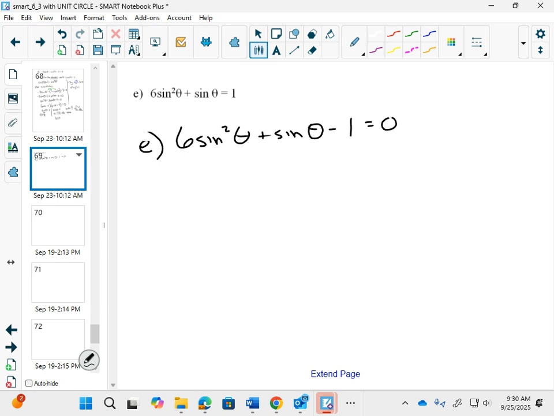Of your example. And it's quadratic, so I would make one side equal to 0. The 6 makes this harder to factor. One of the reasons it makes it harder to factor is because there's more options. I can't just write, I know it's 2 and 3, or I know it's 6 and 1, because there's more options.